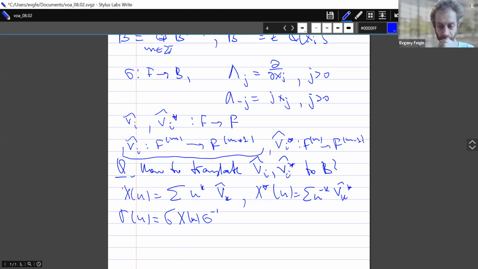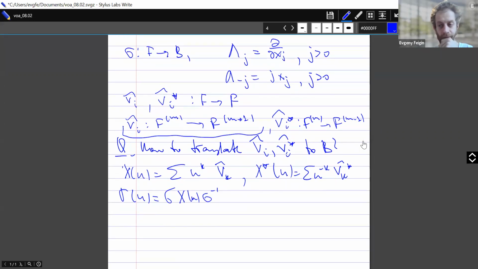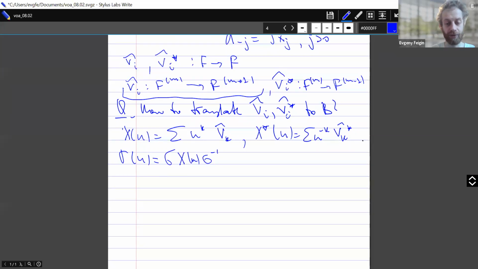And now we have gamma of u and gamma star of u. So these are now operators on B. And we would like to have a concrete formula, since B is a very explicit space, so just a polynomial space. So we better have some explicit description. And the explicit description is given by the following theorem.